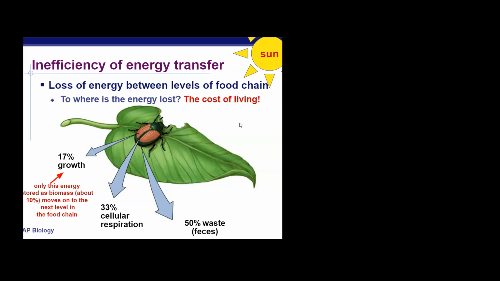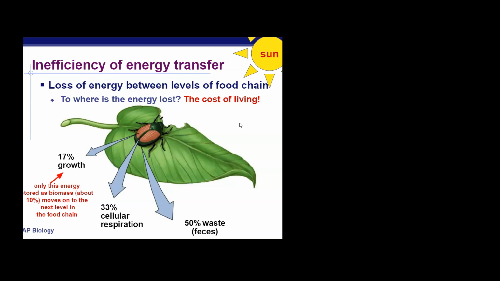So a plant has cellular respiration going on, so it's going to be losing energy that way and not able to store as much. This is a real general breakdown, but you can see that a large portion of that energy loss through consumption is actually through waste, for example, through feces.